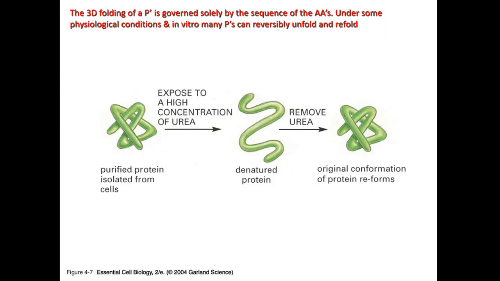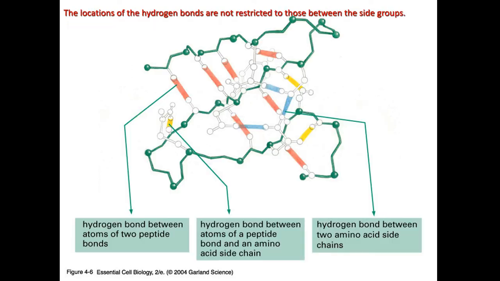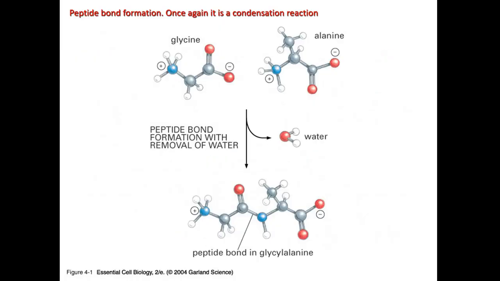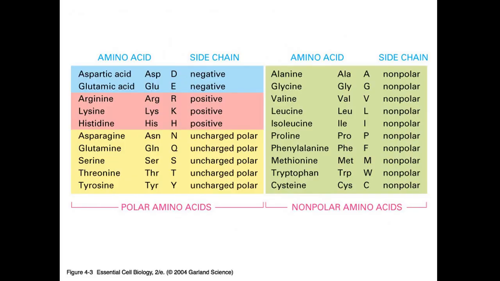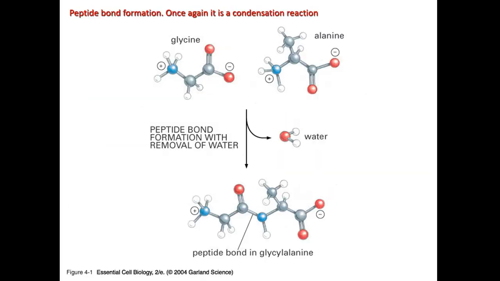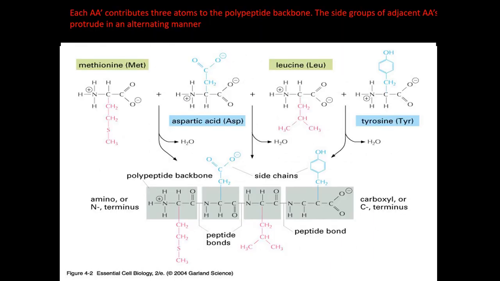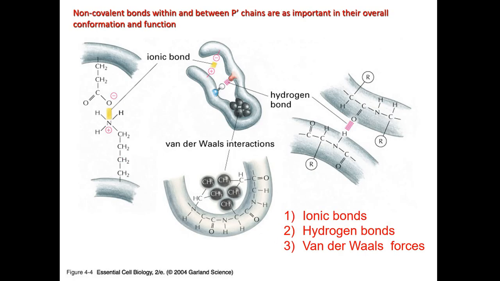So this was the general structure of the protein. Today we have discussed the nature of the protein, the types of amino acids, the peptide bond formation in proteins, examples of different proteins, and the presence of hydrogen bonds and different types of bonds in the protein structure.